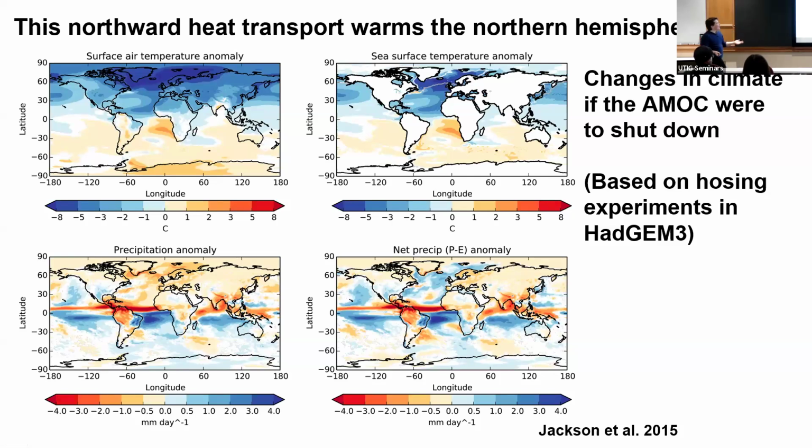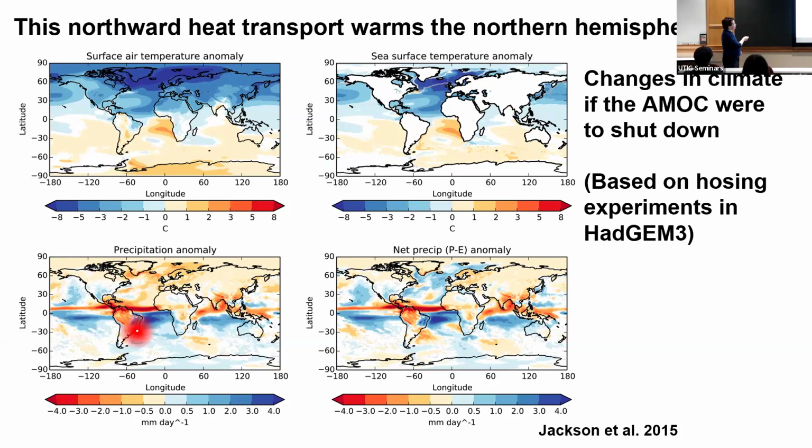Why do we care about this? Well, one reason why we care about Atlantic heat transport is that the Atlantic Meridional Overturning Circulation is bringing heat northward into the northern hemisphere. If the AMOC were to shut down, and we can talk later about whether it might, we would have a reduction in temperature in the northern hemisphere, in the surface air temperature and the sea surface temperature.